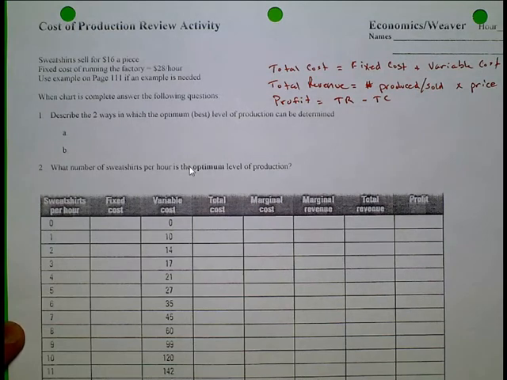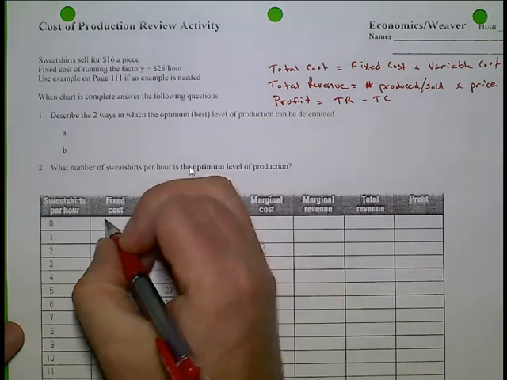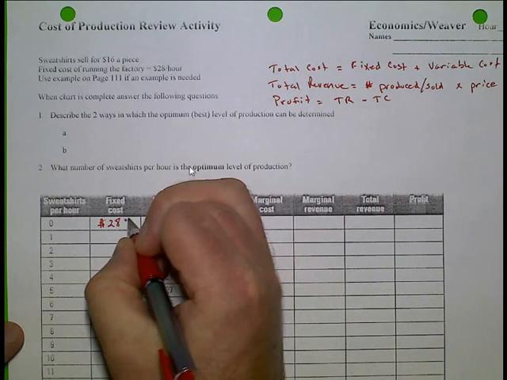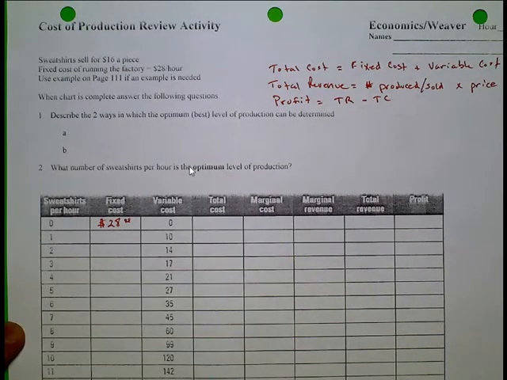Maddie, why is it 28? Because you run the factory no matter if you're making sweatshirts or not. I'm not going to run the factory, but the factory is still going to exist, right? So fixed costs like rent or salaries or taxes, those have to be paid even if we make 0 sweatshirts.